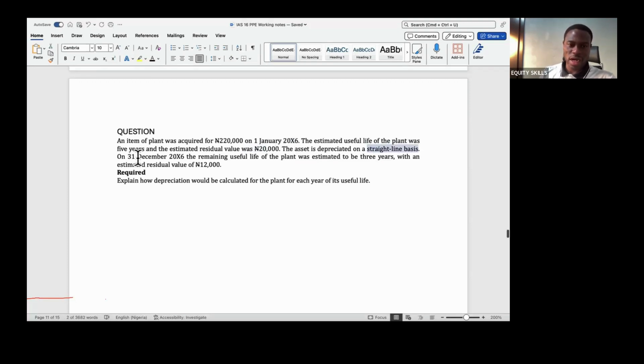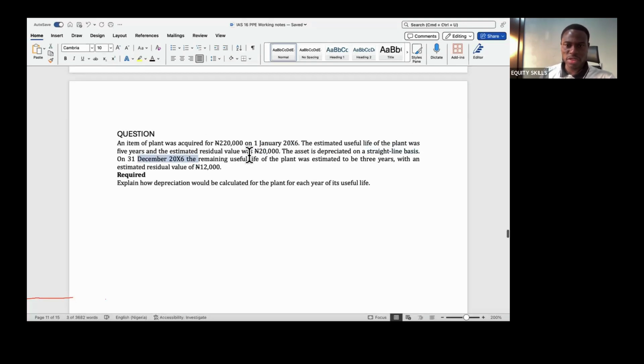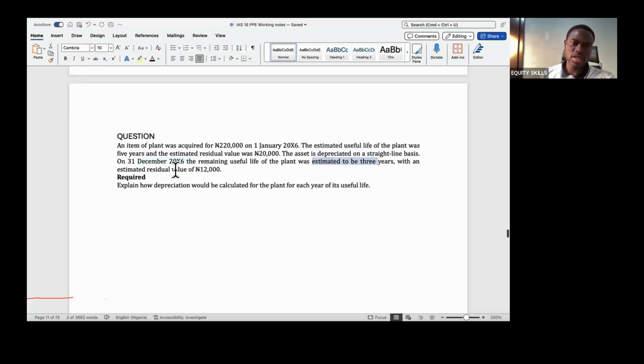At the end of the year, the useful life was revised to be 3 years, and they revised the residual value also to 12,000. Then I said explain how depreciation will be calculated for the plant for each year of the asset's life. So how do we determine the depreciation?